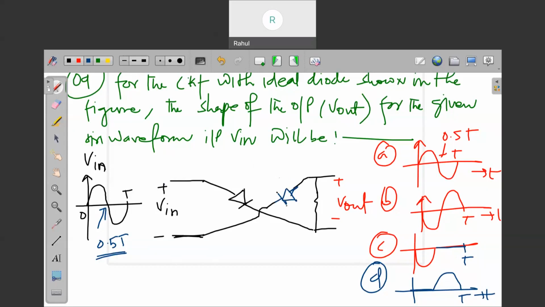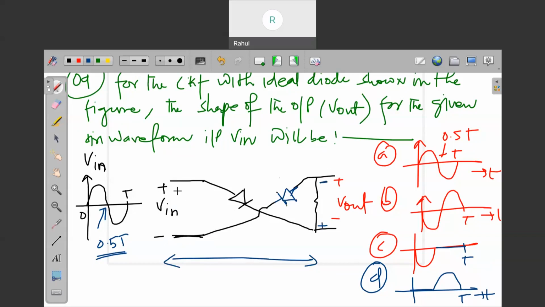So this is the circuit given in the question. For the positive half cycle, this diode will be on because this positive terminal is connected with the P terminal, and again this diode will be on because this N side is connected with negative. So both diodes will be on. This plus will be transferred here and this minus will be transferred here.